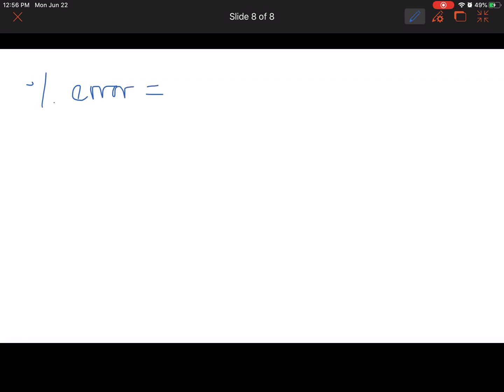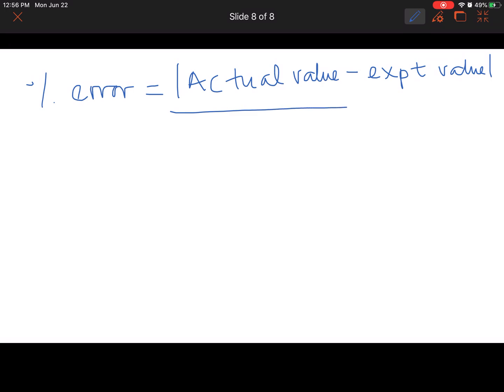To find the absolute error, you take the actual value and subtract the experimental value. You see these two bars that I put at the end? That tells it's an absolute value, meaning irrespective of the sign of the value you get, you always choose the positive value.